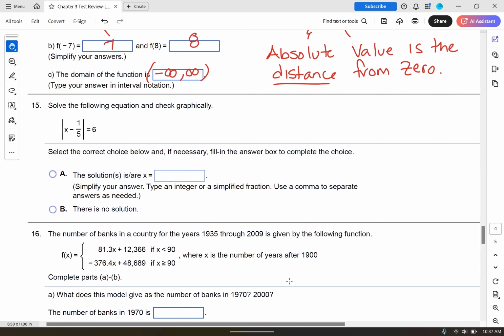So when I solve that, there's going to be 2 numbers I can plug in there and satisfy the equation because of the absolute value bars. So one of them is like 6 and a fifth. Because if I take 6 and a fifth and I subtract a fifth, do I get 6? And the other one's going to be what? -5 and 4/5. Because if I have -5 and 4/5 and I subtract a fifth, do I get -6? The absolute value of -6 is 6.